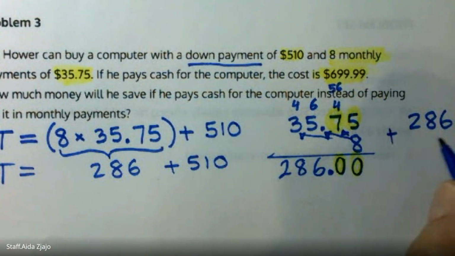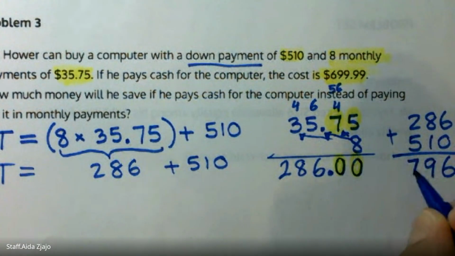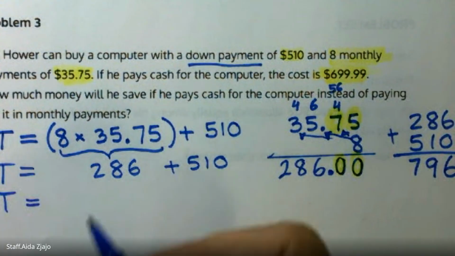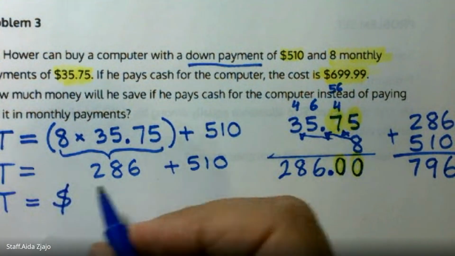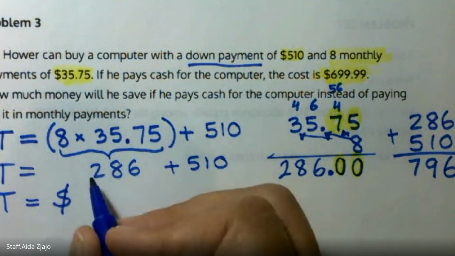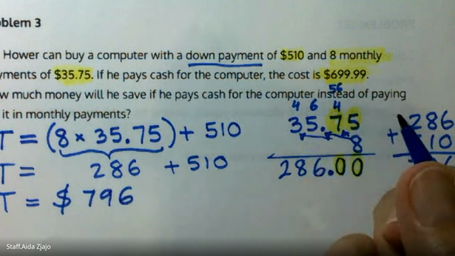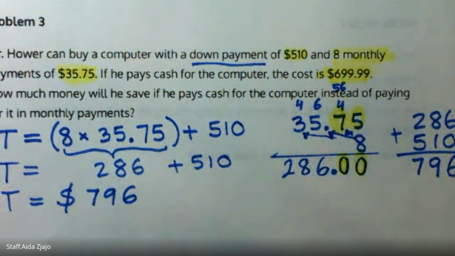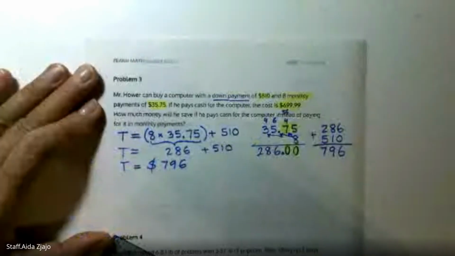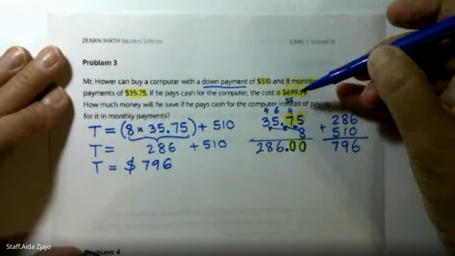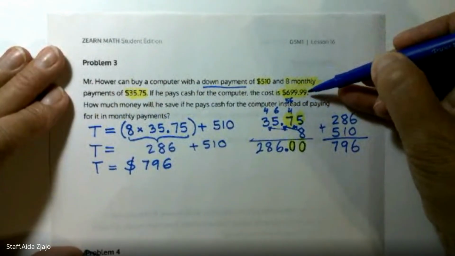Now I can add this all together. 286 plus 510, 796. So T equals $796, which he will need to pay for these 8 months. And if he pays cash, he will need to pay about 700.